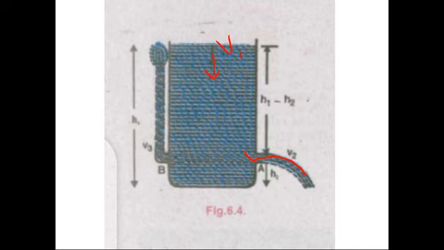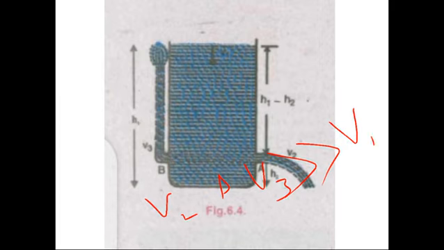The noticing point is that the speed V1 is very small as compared to the speeds V2 and V3. The speeds of the water ejecting from these two small orifices, V2 and V3, are very much greater than speed V1.